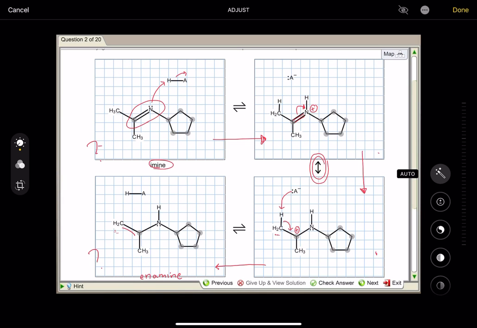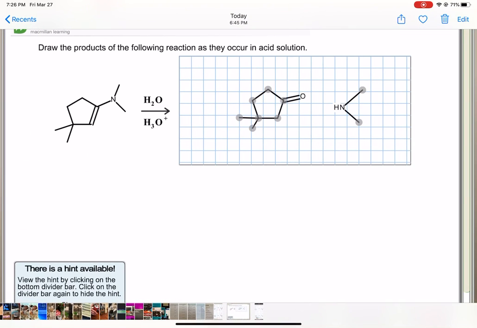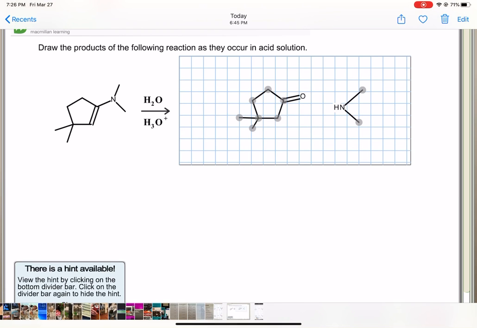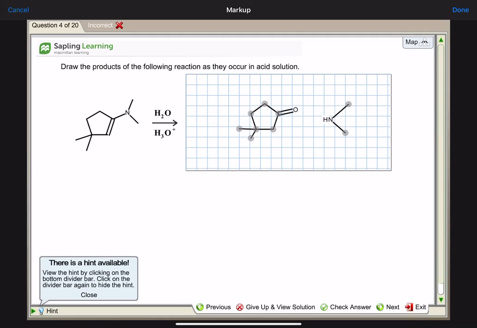The other problem that I want to look at with you is this one right here. There are actually quite a few problems like this. These are retrosynthesis problems. They give you either an imine or an enamine and ask you to draw the products of the reaction. That means you need to draw either an aldehyde or a ketone, and you need to draw an amine.